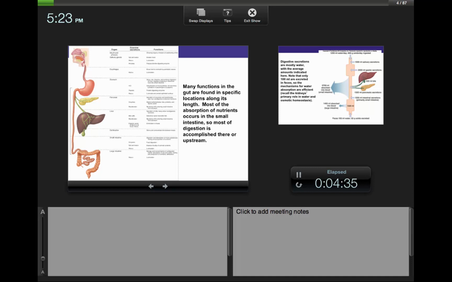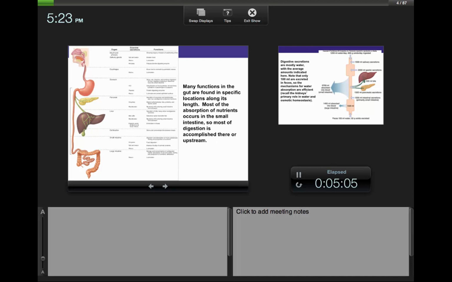Then what I need you to think about is overall function. We spent a lot of time in the small intestines talking about digestive enzymes and how they break down carbohydrates, proteins, lipids, and a little bit about RNAs: how RNases and nucleotidases break down nucleotides.